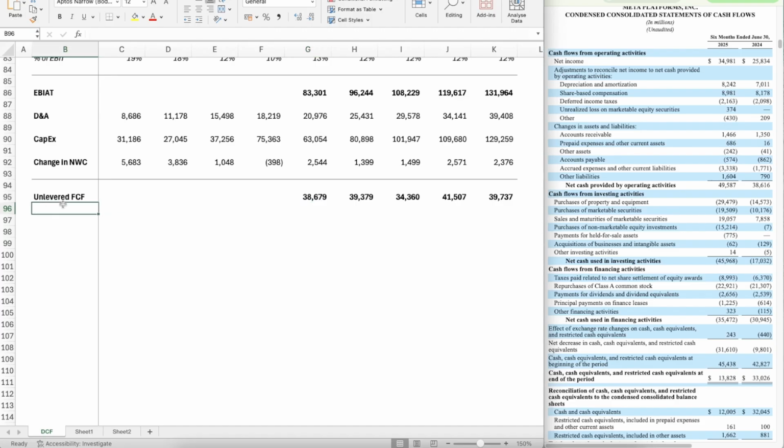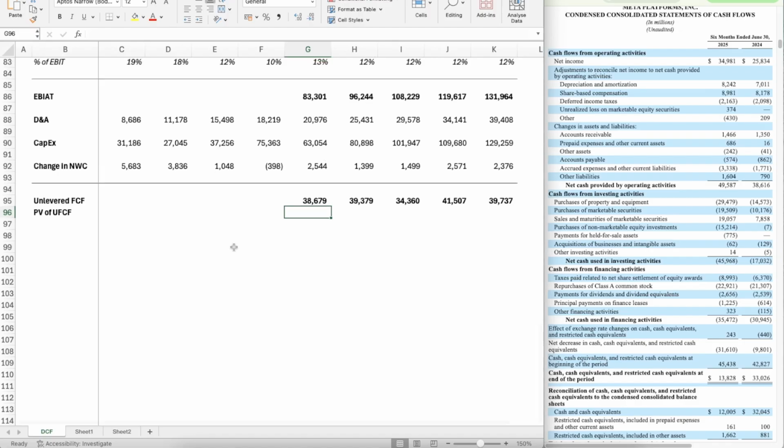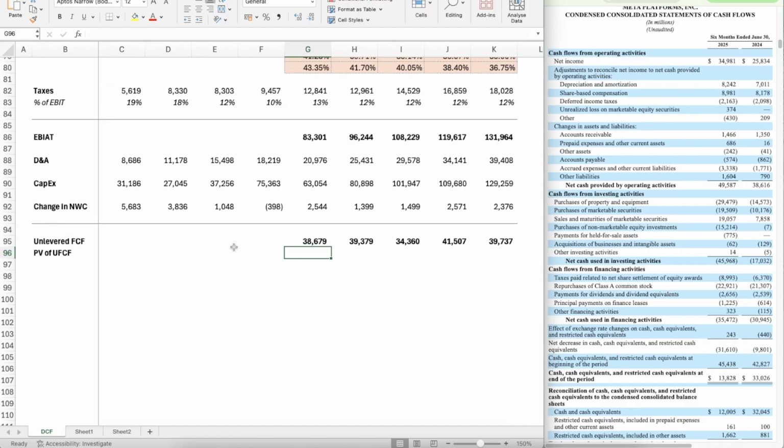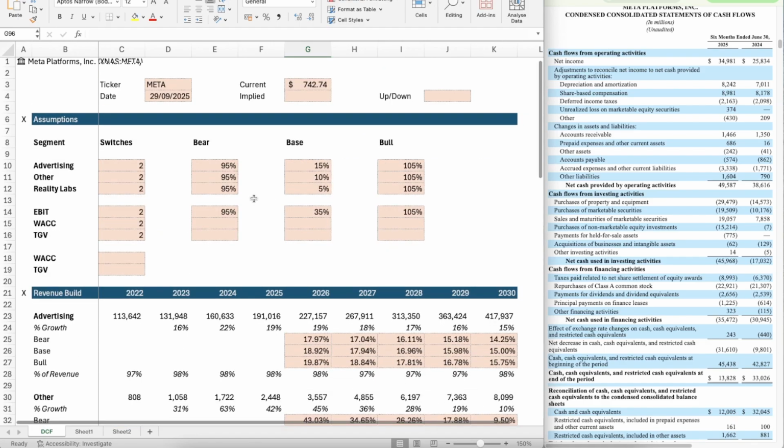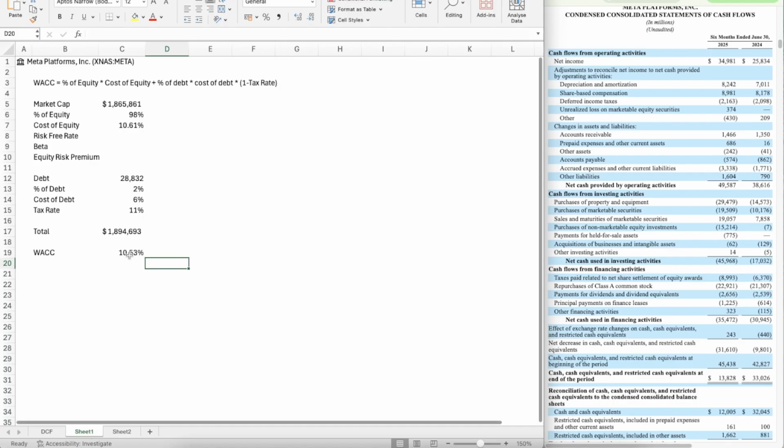Now, the next thing we're going to do is work out the present value of the unlevered free cash flow. And how do we do this? We have to use our WACC that we built in the previous video. If you haven't done that, I'll show you what we calculated, 10.53%.